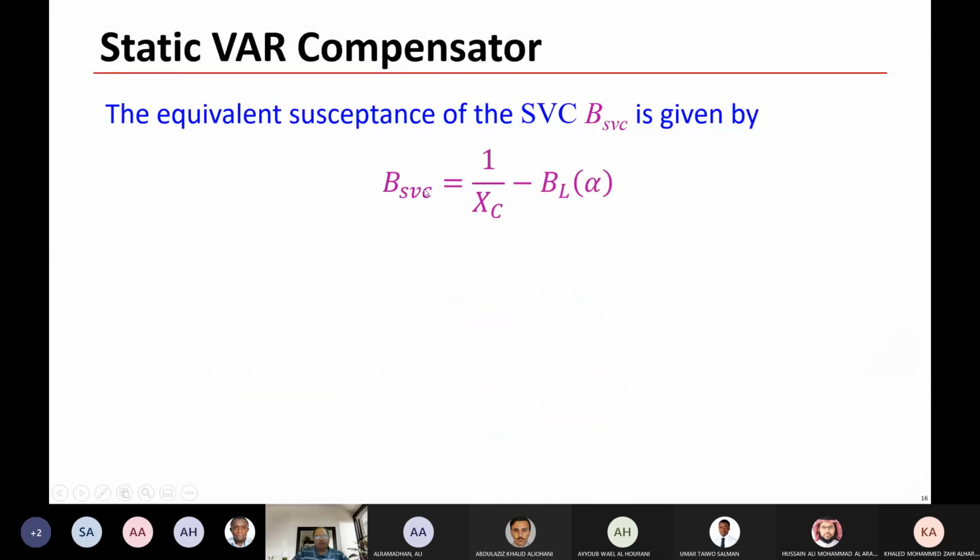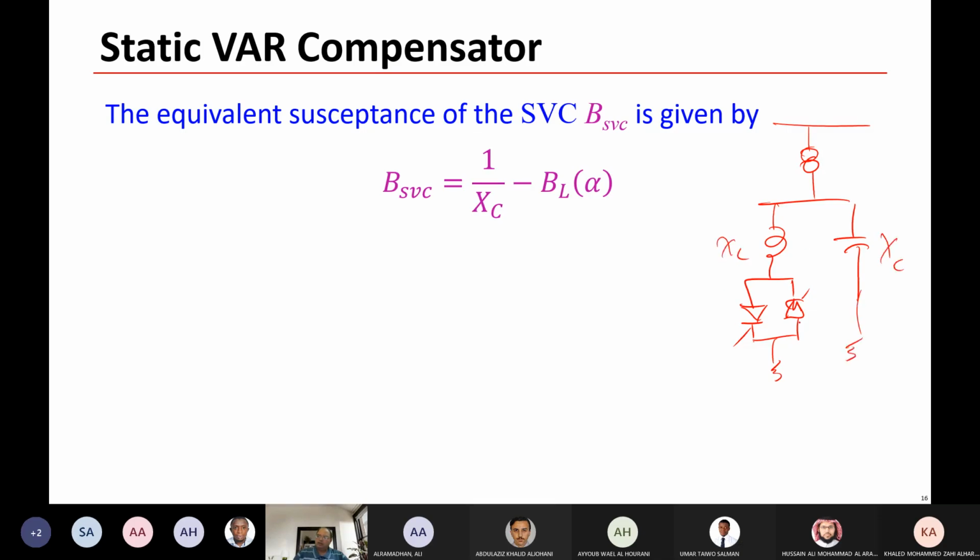So the equivalent susceptance of the static var compensator, again, you have the structure. If you still remember the structure of the static var compensator, you have a fixed capacitor and you have a reactor here with the thyristors. So this is XC and this is XL, and you have here the firing angle alpha.